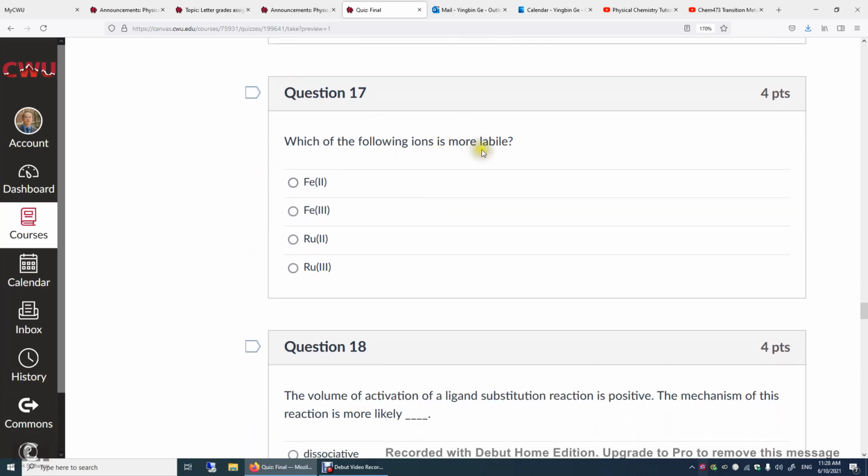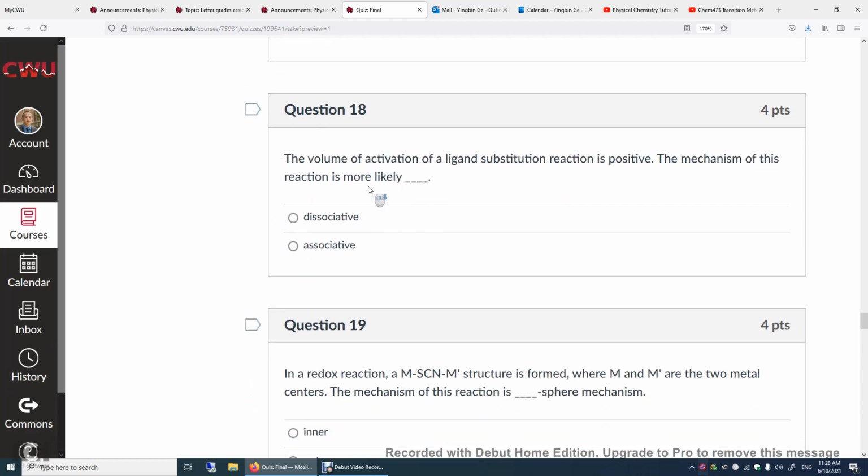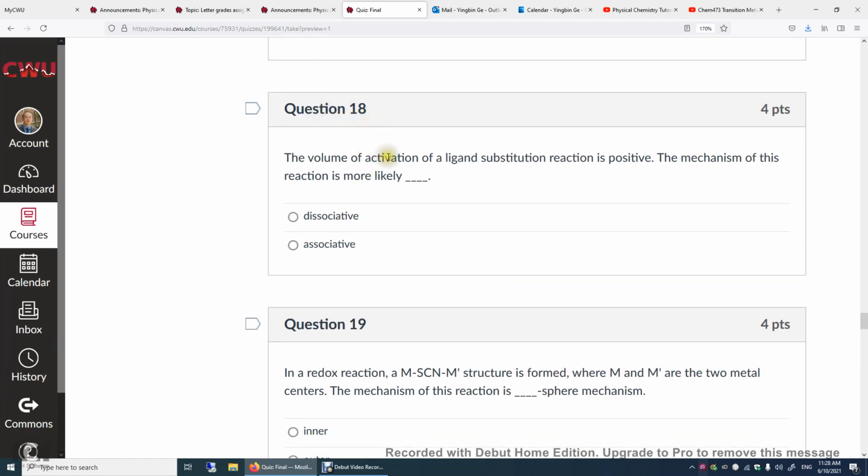Which of the following ions is more labile? We'll choose the 3d transition metal with the lowest oxidation number, so it's iron 2. Question 18, the volume of activation is positive.